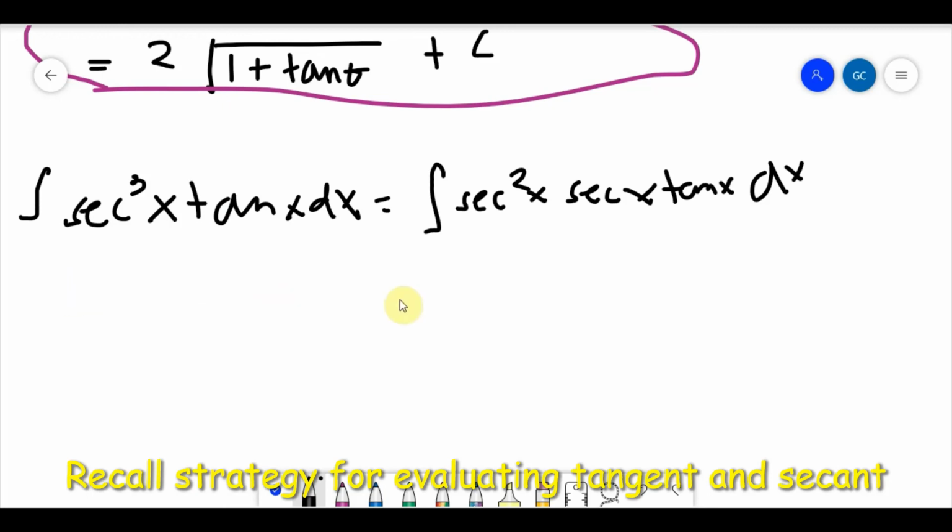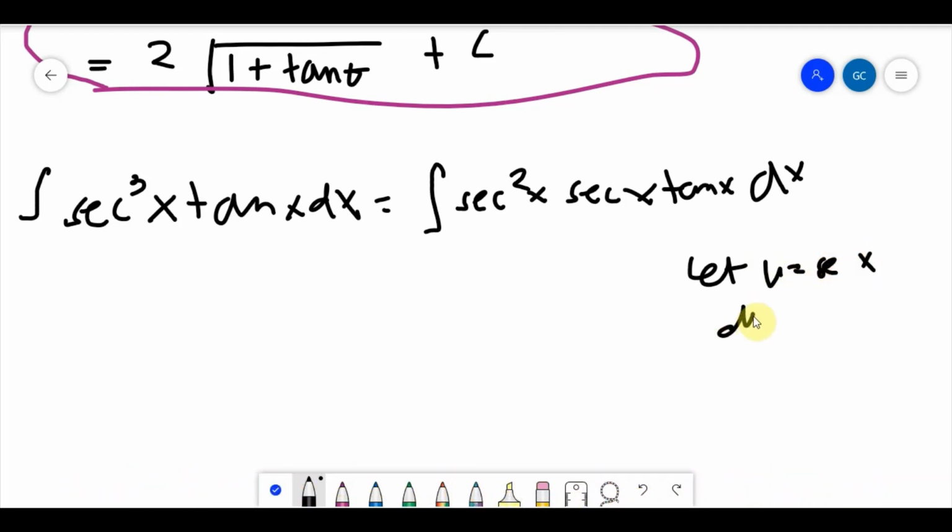So we let u equal secant x. Now our du, this is our goal, to remove this one. Our du would be, of course, the derivative of secant, which is secant x tangent x dx.